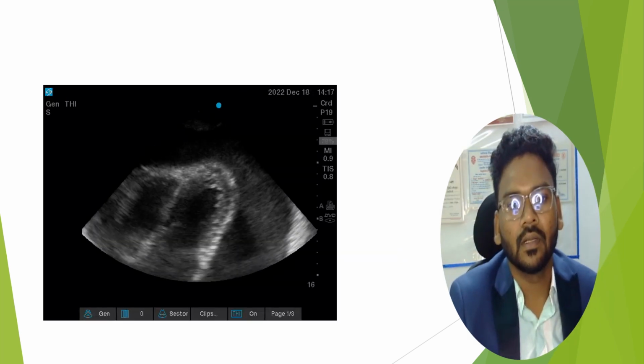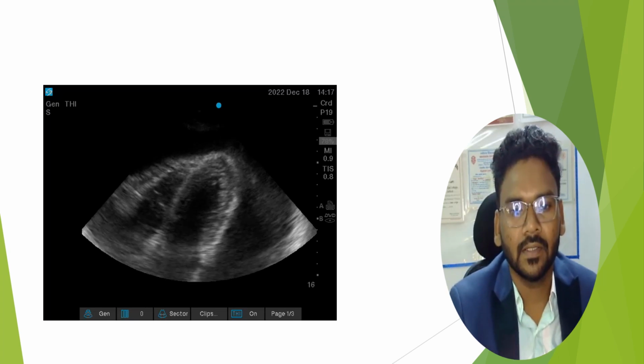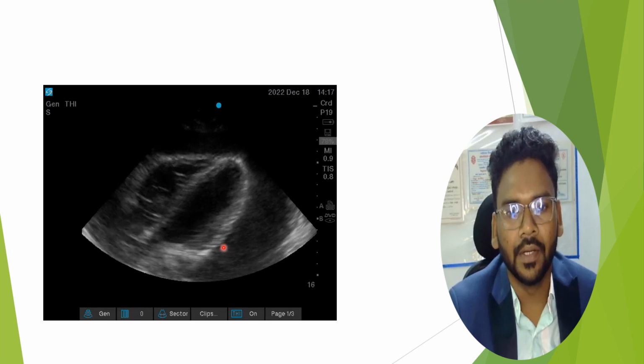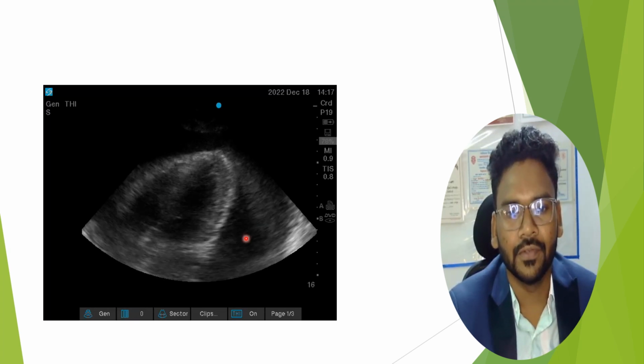This is the subcostal four chamber view. In this view, you can see some unechoic structure around the heart, that is pericardial effusion.